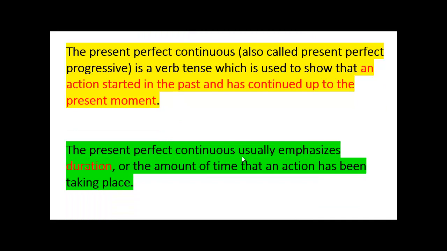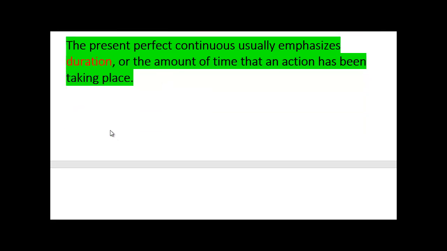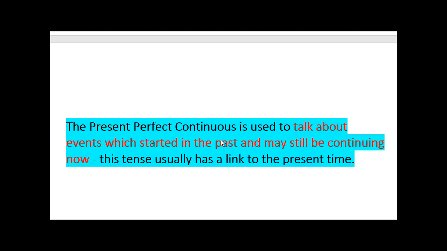The present perfect continuous usually emphasizes duration, a certain amount of time, the amount of time that an action has been taken. Okay, that's very important. The duration, how long it took. And then the present perfect continuous is used to talk about an event which started in the past and may still be continuing now. This tense usually has a link to the present time.